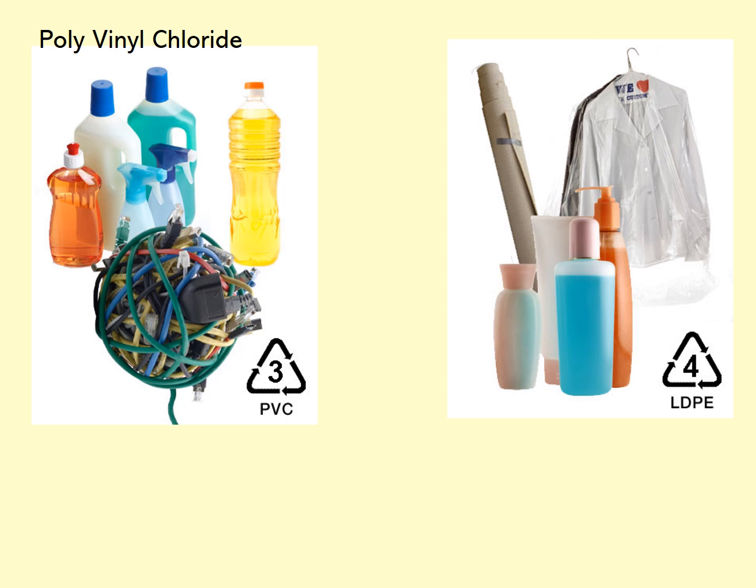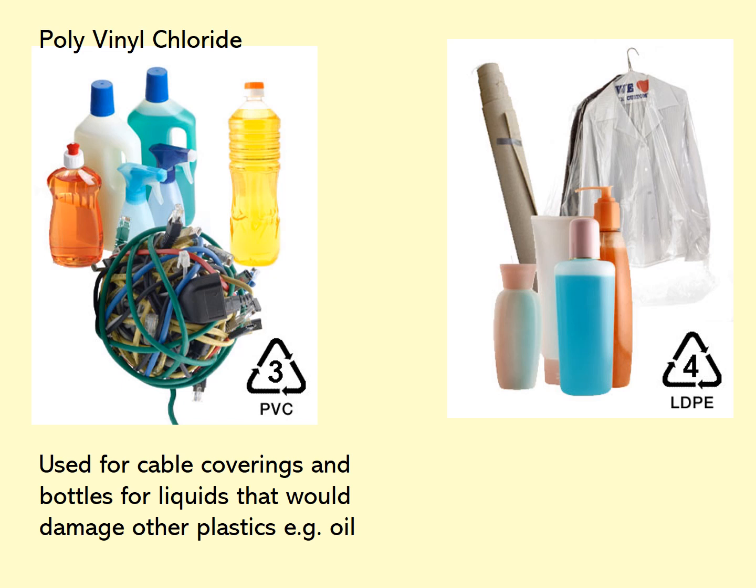Number 3 is polyvinyl chloride or PVC. Now, PVC is a stronger plastic and it's used for cable coverings, bottles for liquids that would hold more toxic liquids that would damage other plastics, things like acids and alkalis and cleaning products.